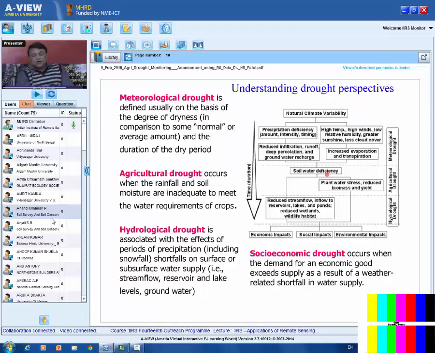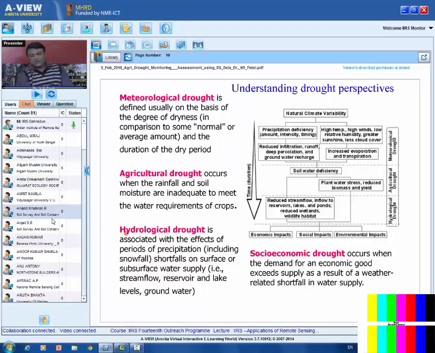But sandy soil, which has less retention capacity, is more often subject to drought because it cannot hold moisture for a longer period or cannot hold more moisture. That is why, area specific, depending upon the kind of soil, moisture variability will be there, which will finally affect the agricultural drought prospect.